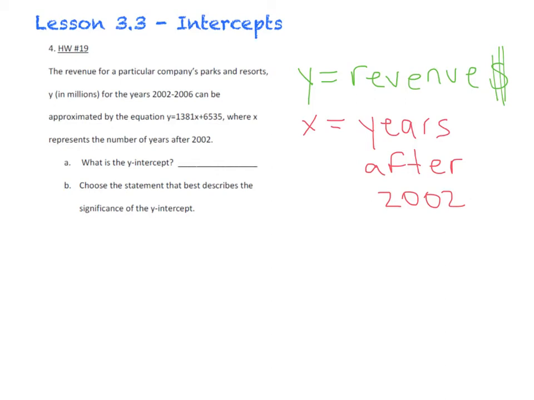So question A, what is the y-intercept? Well, let's write down our equation. We've got y equals 1,381x plus 6,535.